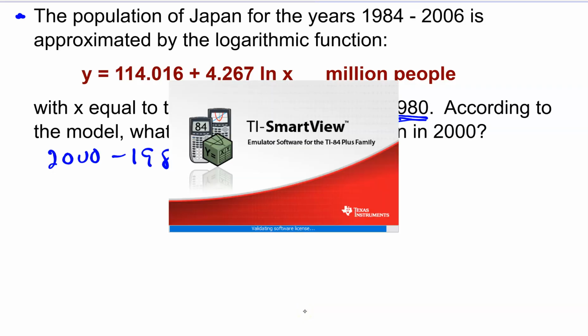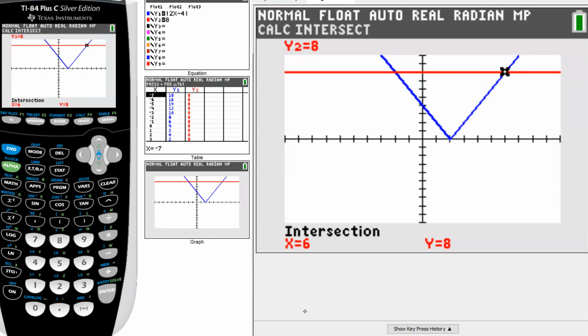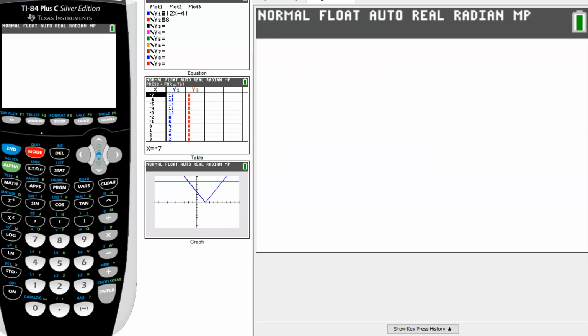And just so you can see where everything is on your calculator, I'm going to say 114.016 plus, and I'm going to do the natural log of 20.